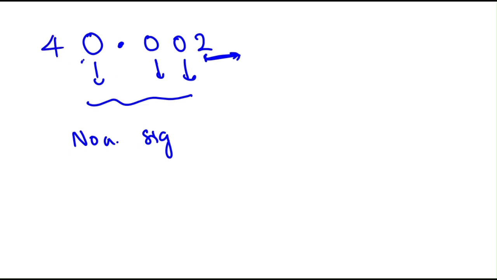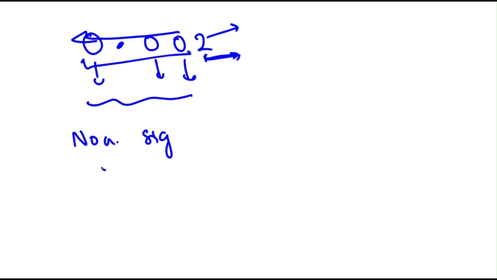Then these zeros are significant figures because they are in between two non-zero digits. But let's continue our present discussion, where there is a decimal, and in this value there is one non-zero digit, and before this non-zero digit all digits are 0.